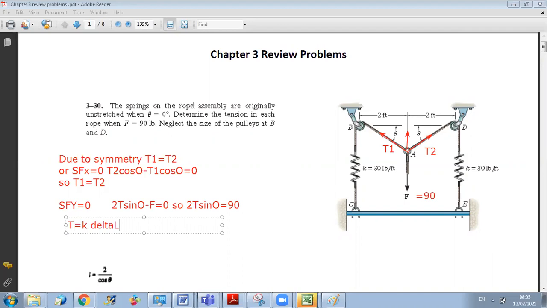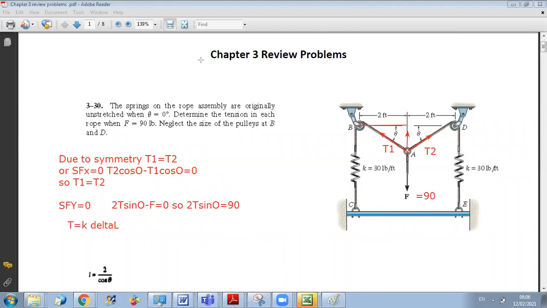Look, they told us that originally it is unstretched when theta equal to 0. So when the cable was in this position, the spring was unstretched. So the stretching of the spring will be due to what? Will be due to the variation of length of this part. Okay?